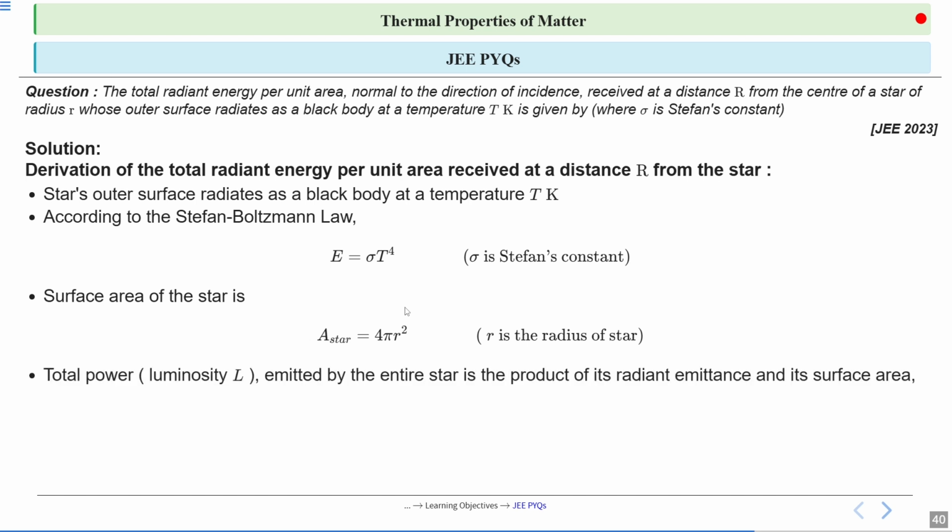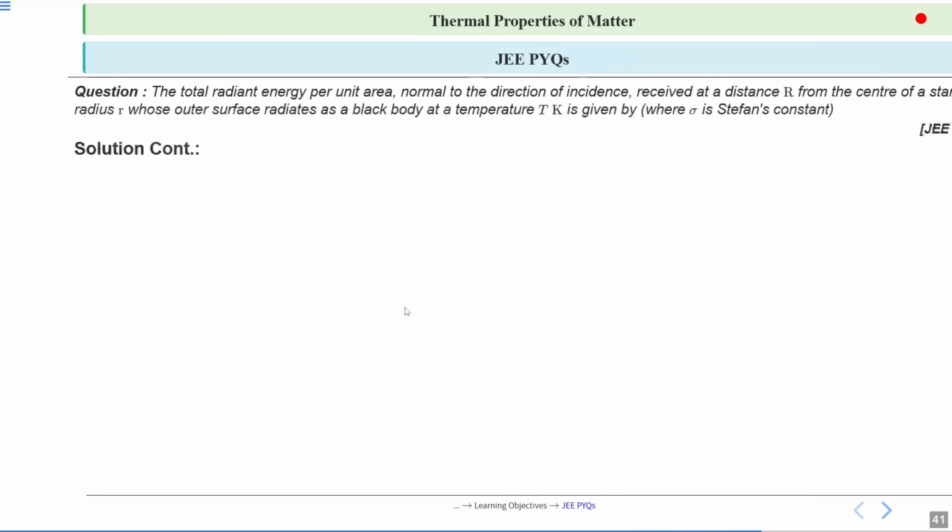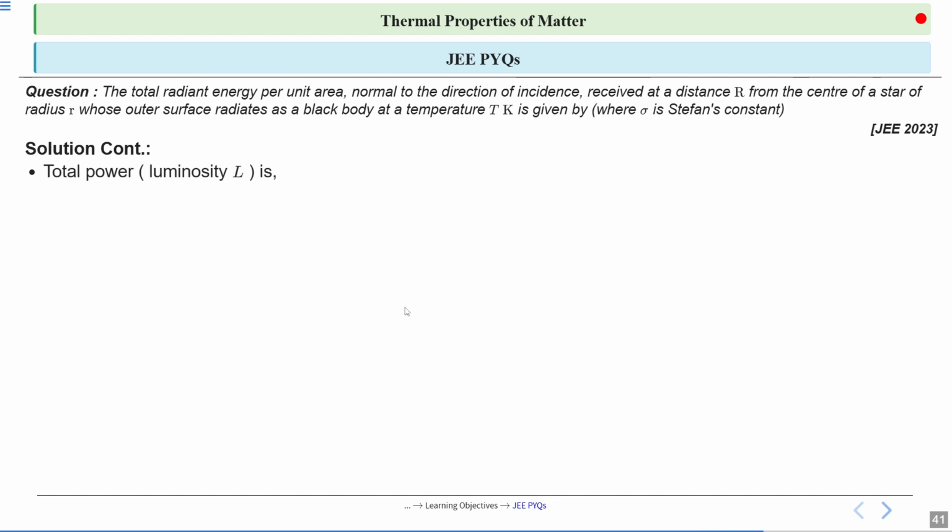So the total power emitted by the entire star is the product of its radiant emittance and its surface area, E into area. So total power L is equal to sigma T raised to the power 4 into 4 pi R square. So L is equal to 4 pi R square sigma T raised to the power 4.